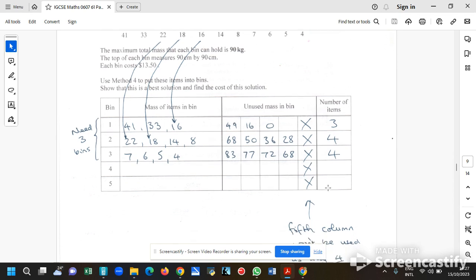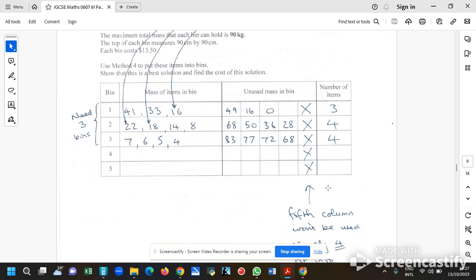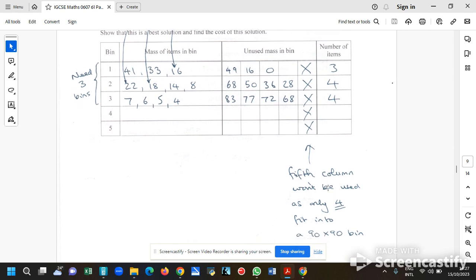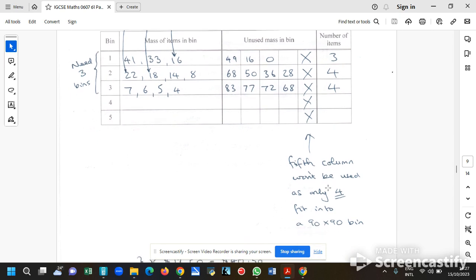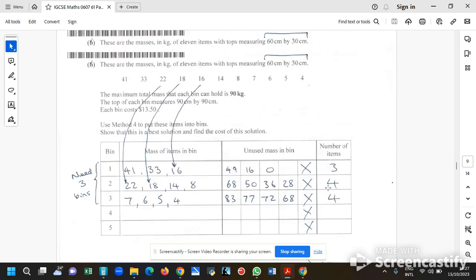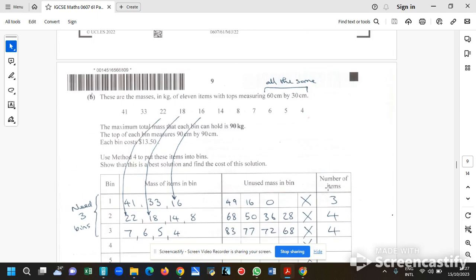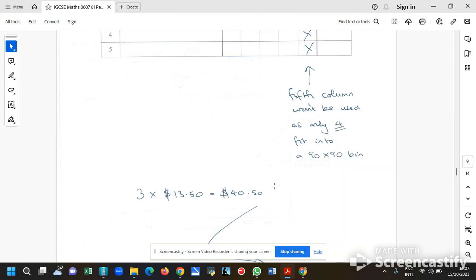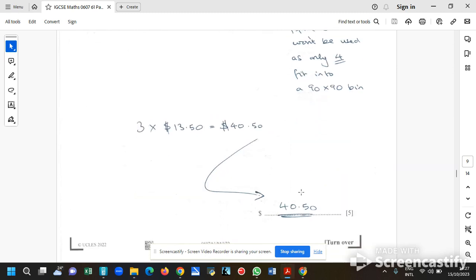In the second one, there's a little bit of capacity left, but it's full in terms of space, and likewise with number 3. So there we have it. Now, if we need 3 bins, and it costs $13.50 each, sorry for jumping up and down, 3 times $13.50 is $40.50. And I think, my friends, that is the answer to that question.